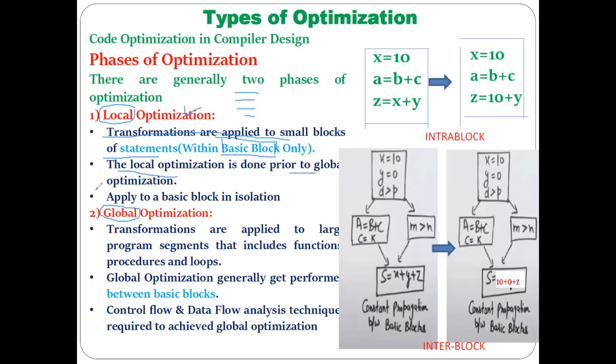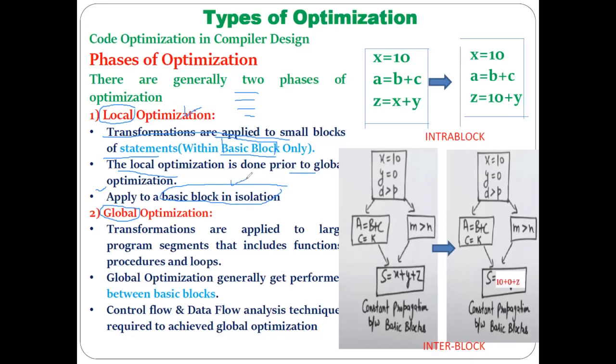Here the third statement I have written: it is applied to the basic block in isolation. Basic block in isolation means what? This kind of optimization is done in the case of only a single basic block at a time. That is the reason it is mentioned as applied to the basic block in isolation.